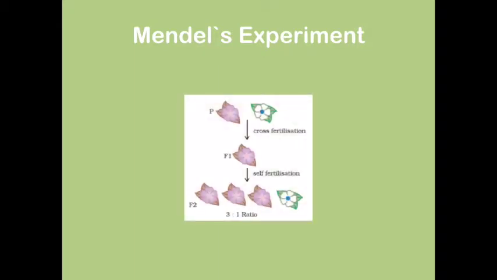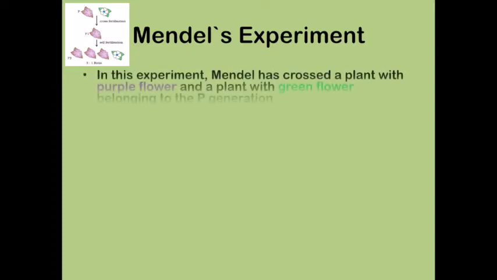So here you'll be seeing how 2 different pea plants were crossed with each other twice, and you can see the 3:1 ratio in the third generation. Okay, in the third line. Now let's go into detail. Considering the same image on the top left of your screen, in this experiment, Mendel crossed a plant with a purple flower and a plant with a green flower belonging to the parent generation.